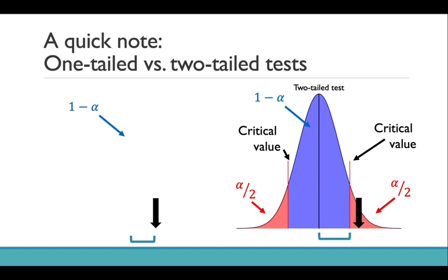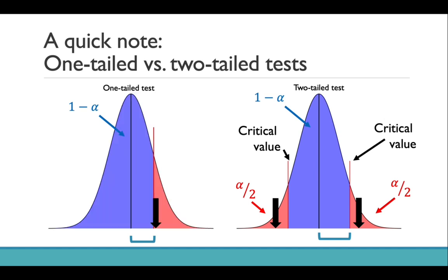So a sample statistic can fall in the critical region if it's greater than the critical value on the positive end of the distribution, or if it's less than the critical value at the negative end of the distribution. This means that with a two-tailed test, we can reject the null if the statistic is substantially higher or lower than expected under the null hypothesis.